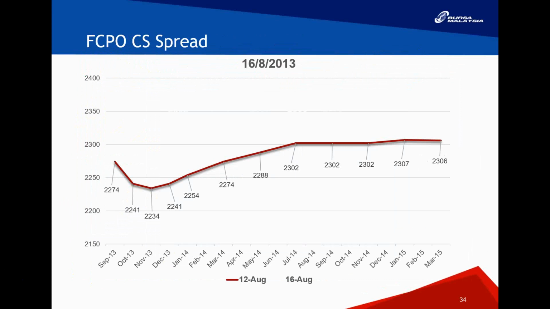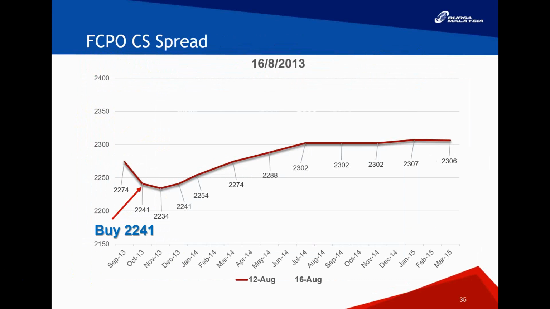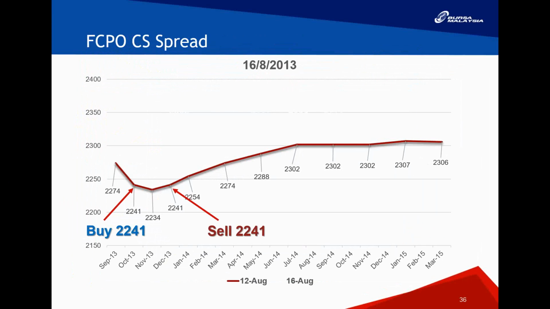Assuming I do a trade, I want to buy October at 2,241. But because it's spread trading, I also sell something, in this case selling 2,241 for the December contract. This is not actually done, this is simulated trading. The next day the price went up.